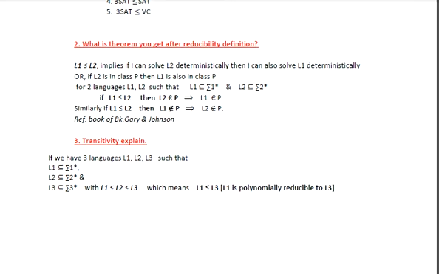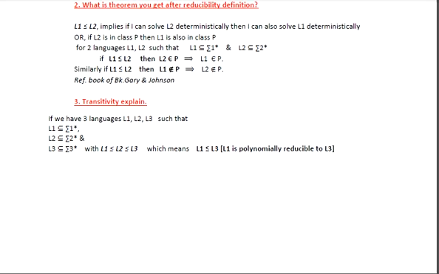What is transitivity? Explain. We have three languages, L1, L2 and L3. L1 is a subset of sigma 1 star, L2 is a subset of sigma 2 star, and L3 is a subset of sigma 3 star. Here the sigmas are the inputs of different Turing machines.